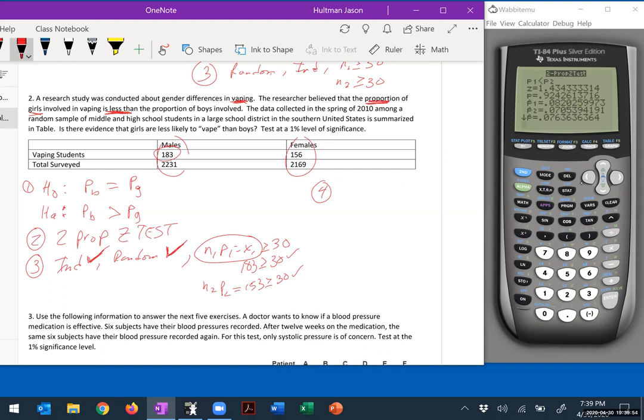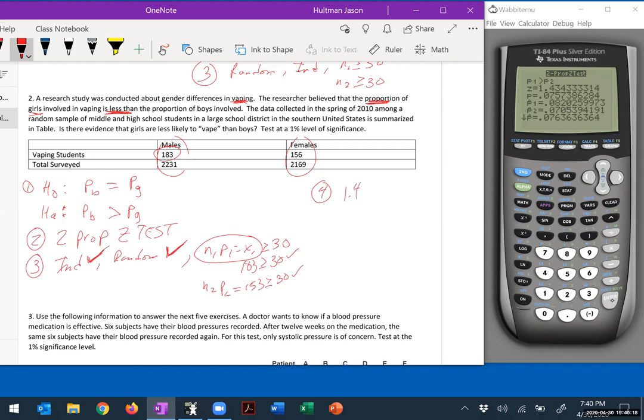So it's the boys is greater than the girls. So let me do this again. 2-prop z-test. It's all the same, and we want greater than, not less than. Greater than, and then hit calculate. There we go. That's much better.